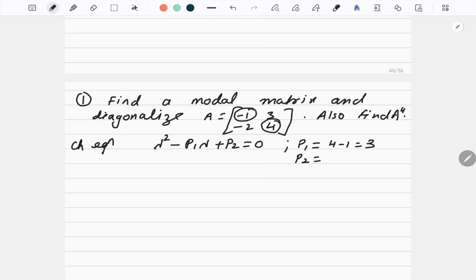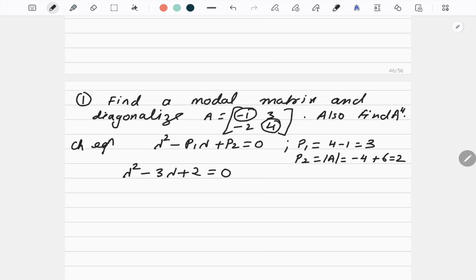P2 is nothing but the determinant of this A. The determinant here is minus 4 plus 6, that is 2. So what is my characteristic equation now? Lambda square minus 3 lambda plus 2 is equal to 0. This is my characteristic equation.